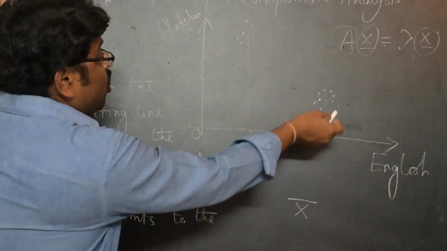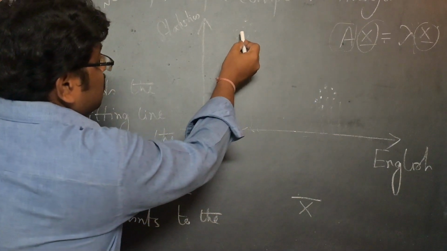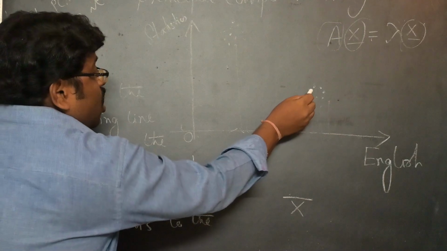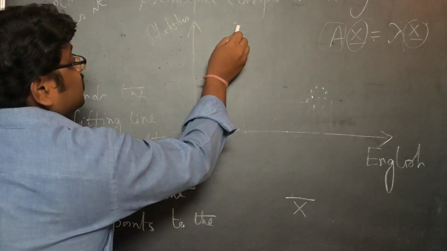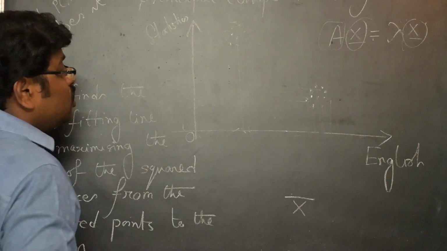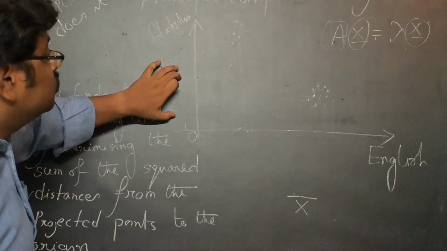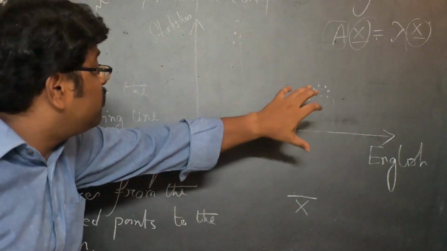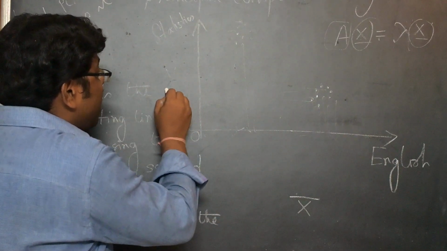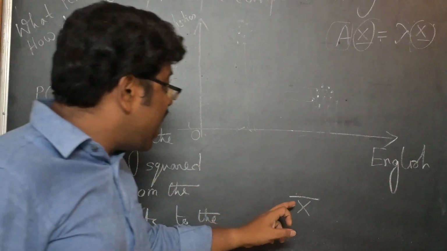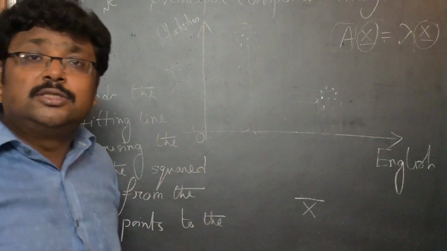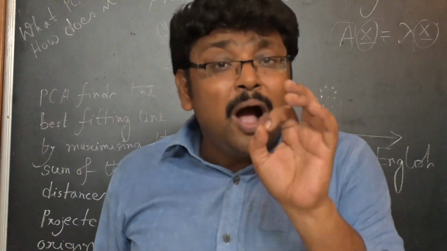In the same way, all the points have some projected value on the y-axis. The mean of the projected values of all the points on the y-axis is nothing but y bar. So we have two values, x bar and y bar.